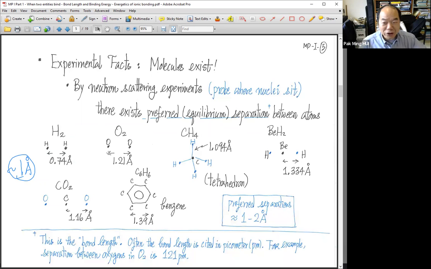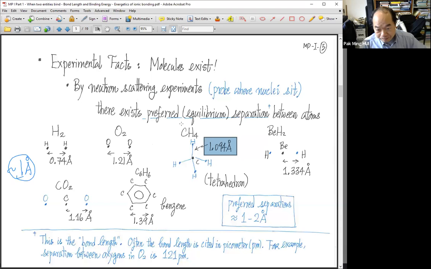So the ballpark range, again, 1 angstrom, all right? Now, this is CH4. I think it's called methane. Then there is a carbon in the middle, and then 4 hydrogens forming a tetrahedron. If you take the carbon at the center and any of the hydrogens, and measure the distance between them, there is a CH bond length. It is 1.1 angstrom.